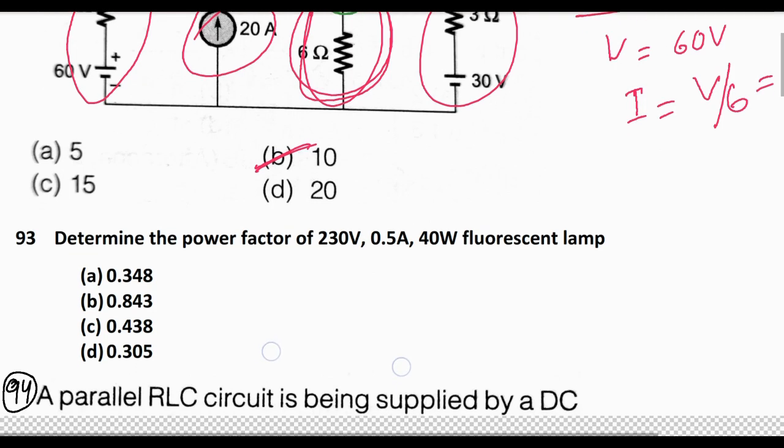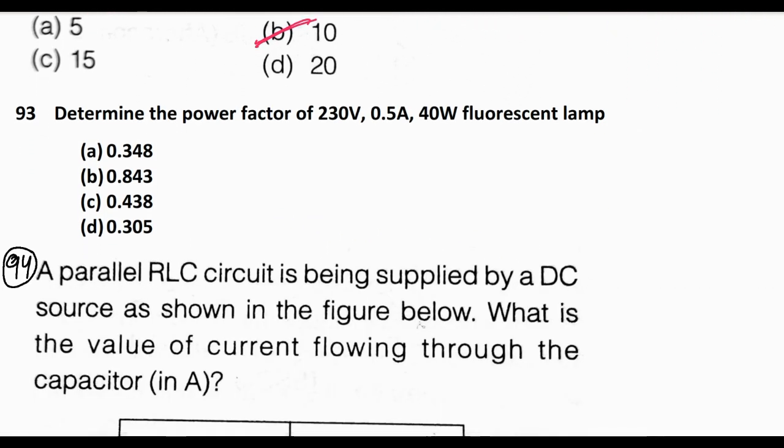Next question is determine the power factor of 230 volt 0.5 ampere 40 watt fluorescent lamp. So for power factor, cos phi or cos theta will be equal to P by VI, that means real power by apparent power.